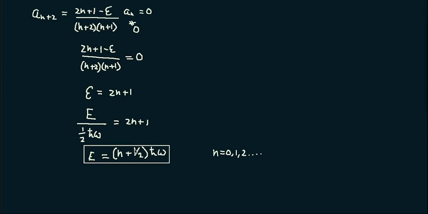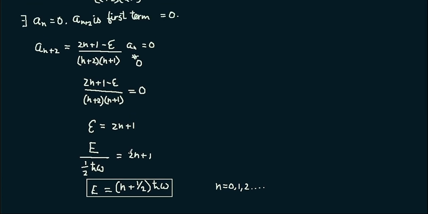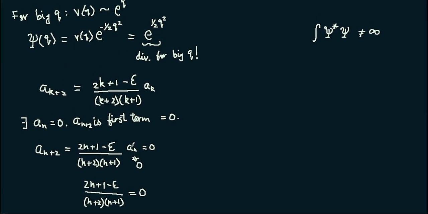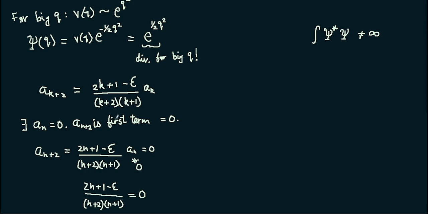Now, notice that these energy values are quantized. And let's take a look at why this quantization came about. The reason we have this quantization is, first of all, due to this recurrence relation.